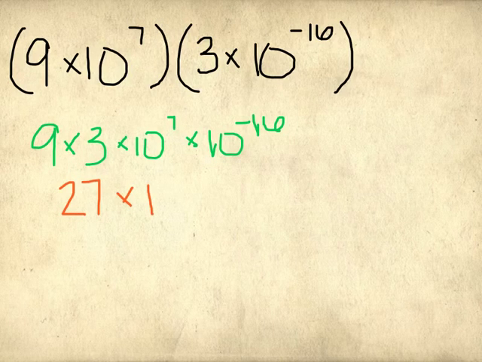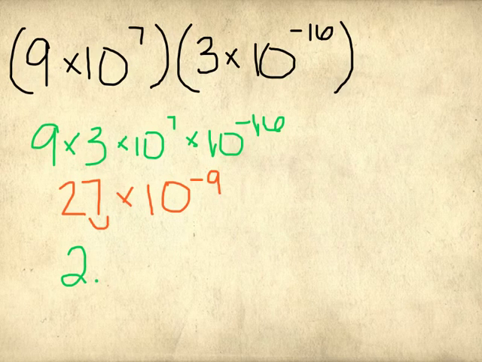So this will be 10, 7 plus negative 16 will be negative 9. Now remember, scientific notation, we want it to be a number that's only in the ones place. So we want to move our decimal place over to be in between the 2 and the 7. So when we move it to the left, remember we are going to add 1. So this will be 10 to the negative 8.